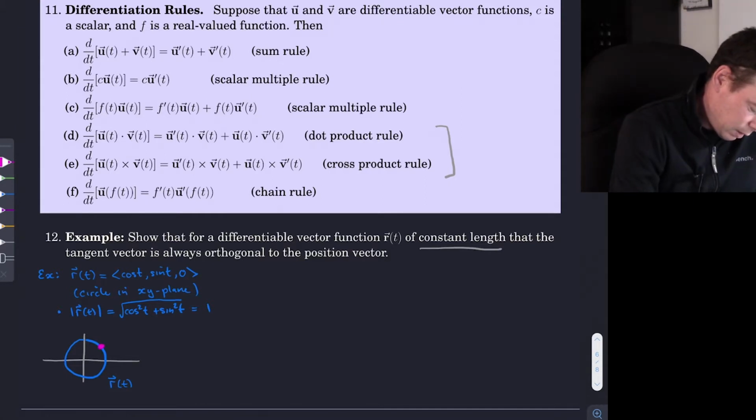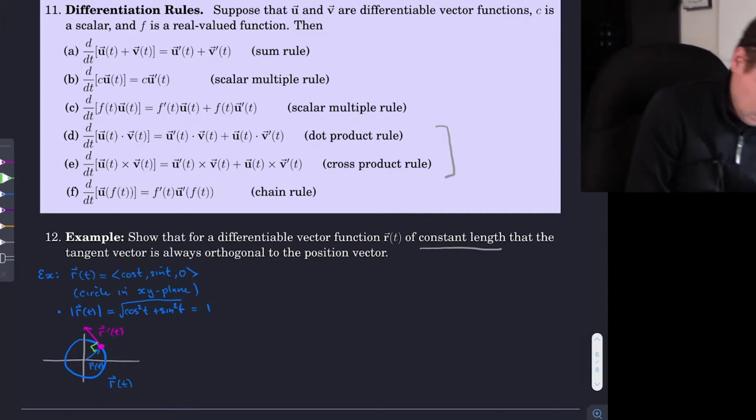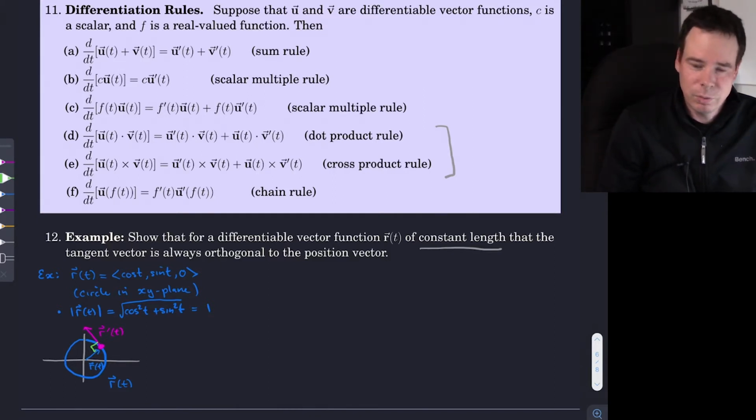If I draw the tangent vector, that's r prime of t. Here's the position vector of that point, that's r of t, and they are at right angles to each other. Just by looking at this, my intuition tells me that yeah, it looks like they're right angles. The tangent vector to a circle is perpendicular to the radial line connecting the center of the circle to that point. That's what this result is actually saying in general.